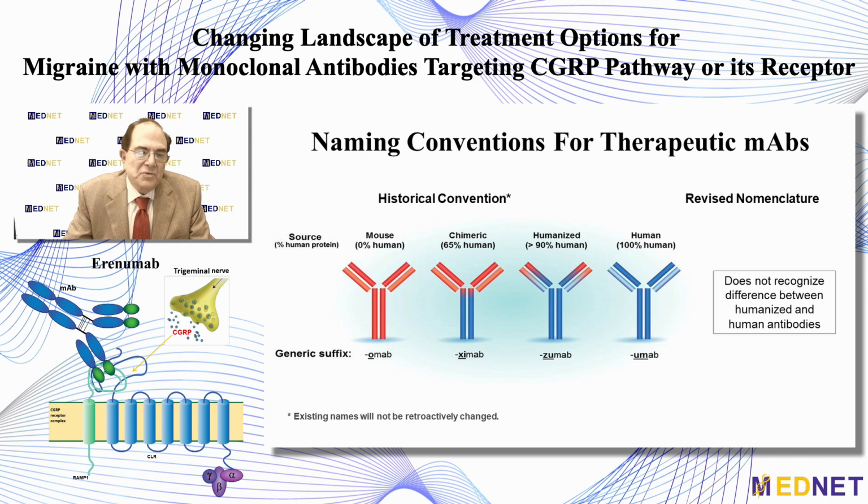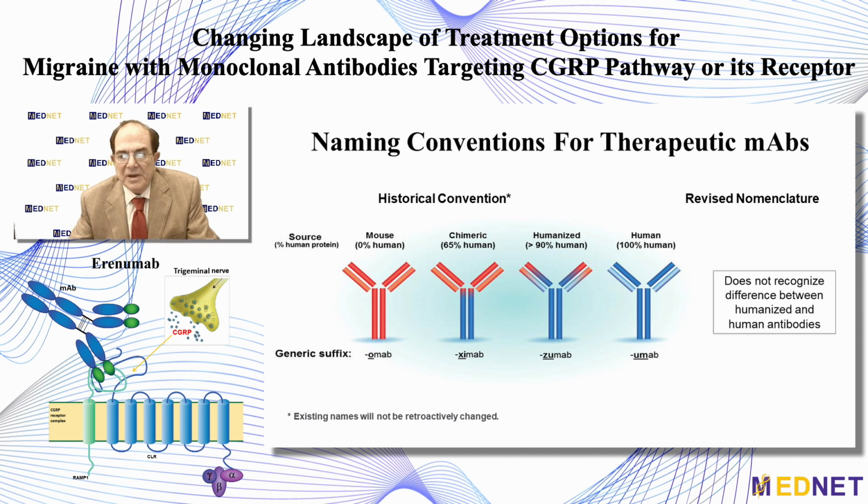The original antibodies were all mouse and were called OMAB. Then they're half mostly mouse, still a little bit, mostly human, 65%, and they were called ZMAB. Current antibodies are either humanized, which is over 90% human protein, most of them are over 95%, and they're called ZUMAB.